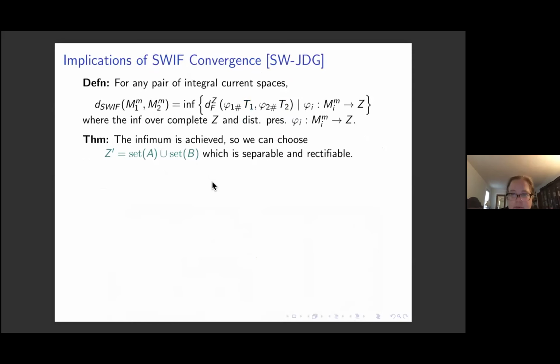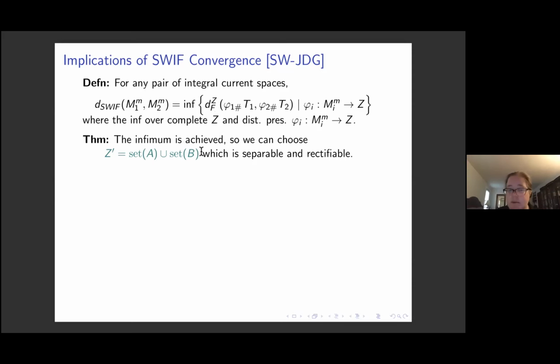Inside the original paper with Stefan Wenger, we showed that the infimum is actually achieved for this definition. So there's actually a Z and there's actually an A and a B sitting in Z that achieve it, so the mass of A plus mass of B is exactly equal to this infimum. Because we're able to show this, we can take a new set Z' sitting inside Z that's equal to the set of A union the set of B, the sets of positive density for those two.